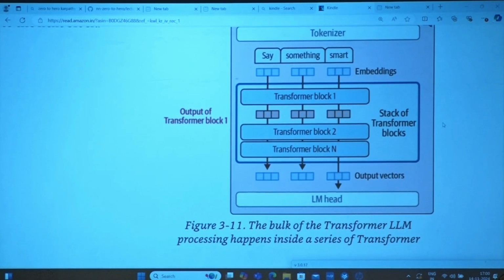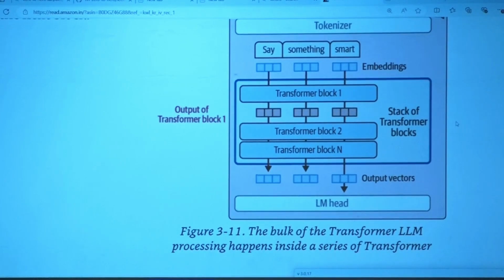Here he is just showing a chain. The tokenizer tokenizes, the embedding goes to transformer block 1. What he is showing is that every transformer stage generates its own vectors of the same size.